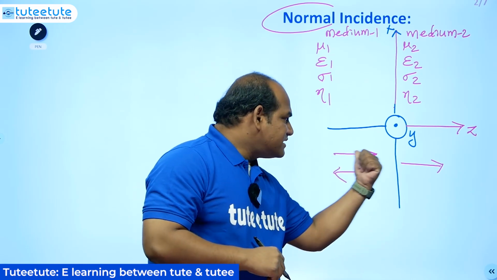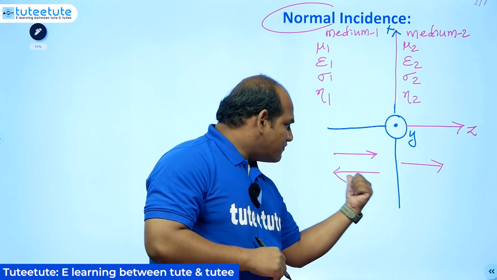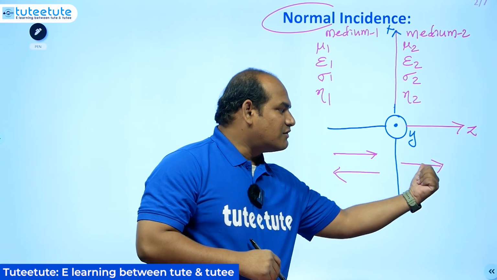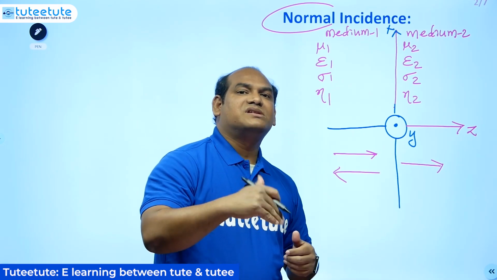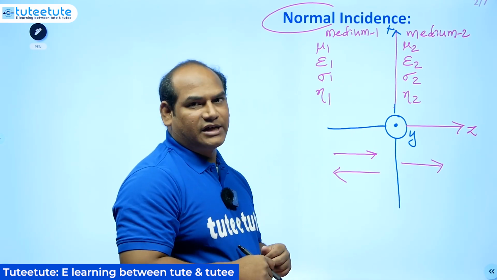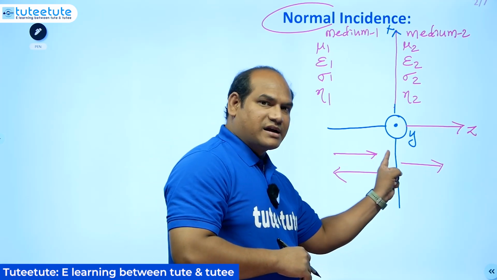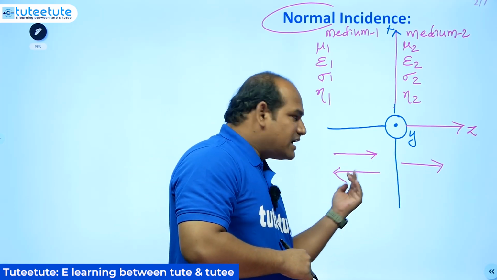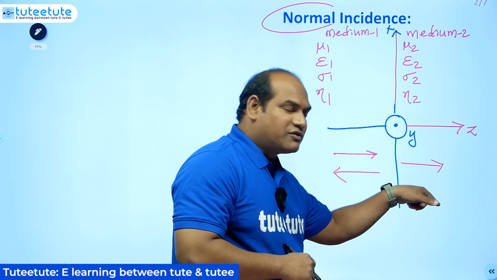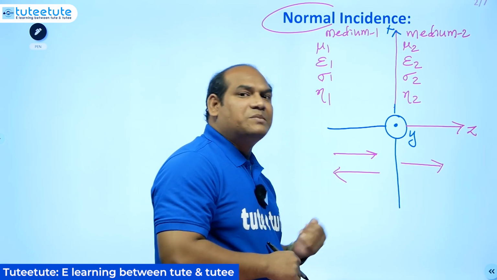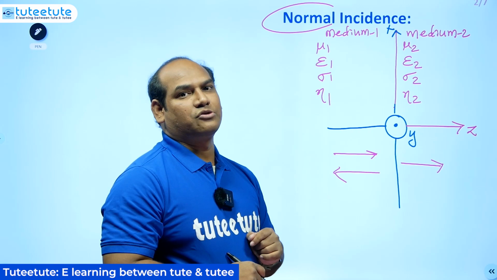This is the incident wave, this is the reflected wave and this is the transmitted wave. Whatever is reflected and whatever is transmitted is also an electromagnetic wave. What is transmitted this side is an electromagnetic wave, and what is reflected again into medium 1 is also an electromagnetic wave.